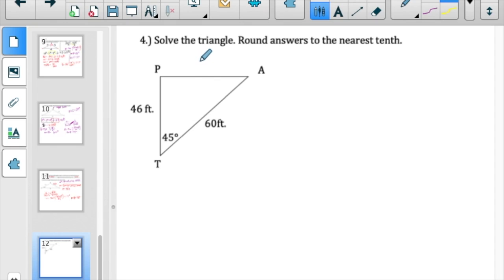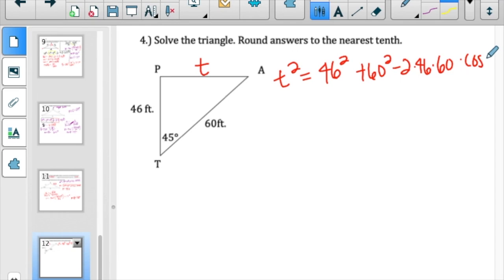I have to find side T first, okay? So T squared would equal 46 squared plus 60 squared minus 2 times 46 times 60 times the cosine of 45.